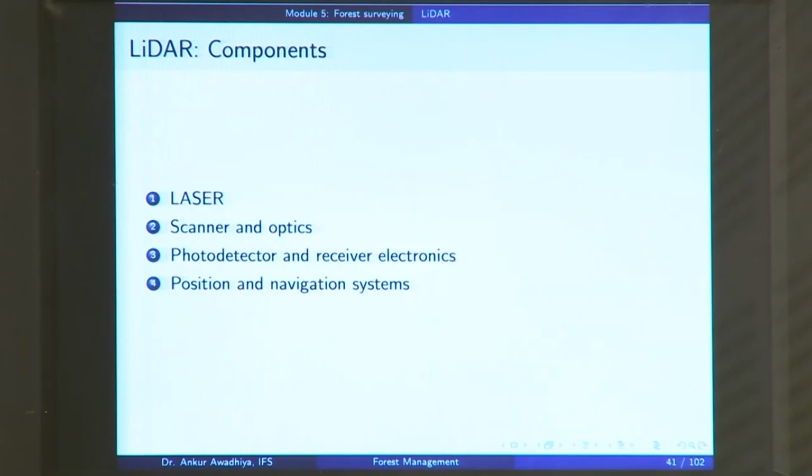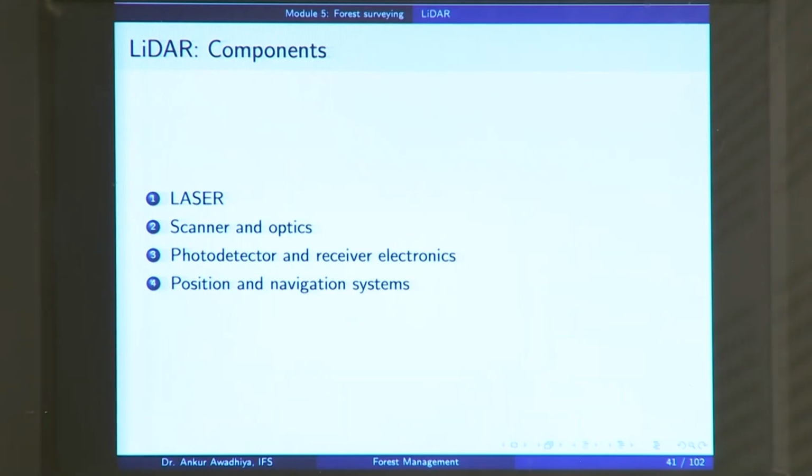Now, LiDAR comprises of several components. The first and the most important one is laser. Then you have a scanner and the optics. Then you have a photodetector and receiver electronics and positional and navigational systems. So, essentially the first component is laser. You need to decide which wavelength of laser you are going to use. Then you have the scanner and the optics that is used to position this laser onto the ground.